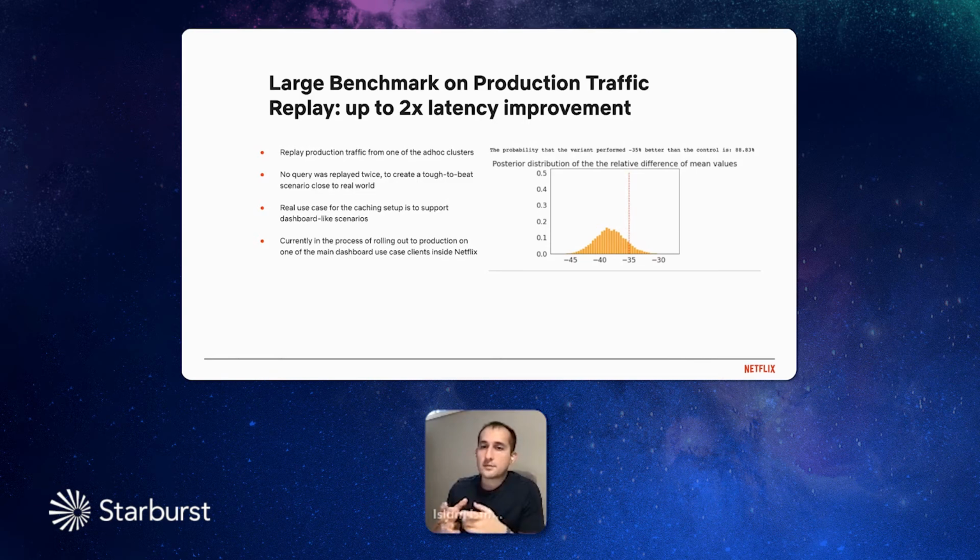The hard part for this kind of cache is that we don't want the queries to repeat, because that would be hard for this cache to show any improvements on. So we just grab the data from the previous day, all the queries that were run on our ad hoc cluster, not even on our dashboard cluster, where people just go and type in their queries by hand, submit them, and do exploratory analysis.